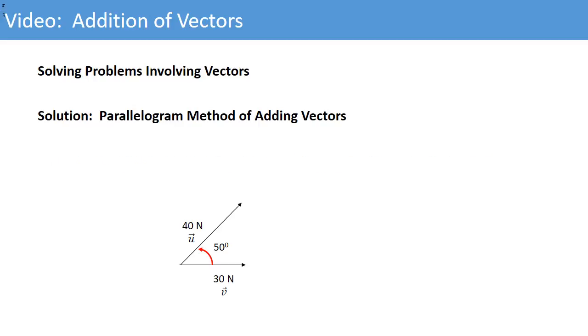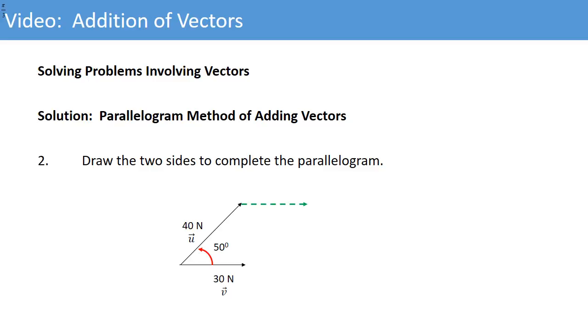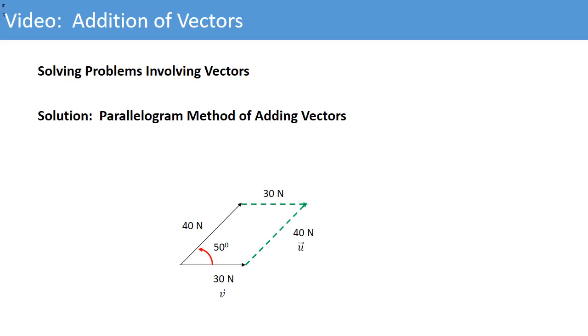Now once that is done, we're going to draw the two sides to complete the parallelogram. So we're going to draw 30 newtons for v and 40 newtons for u. From there, we're going to draw the diagonal.